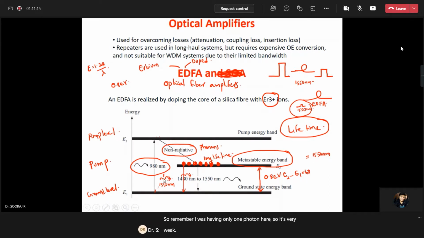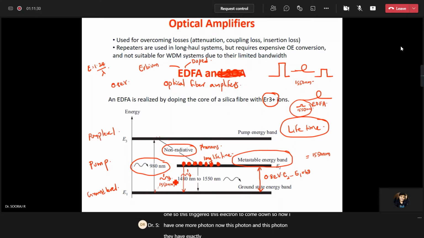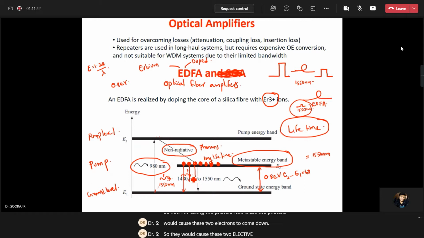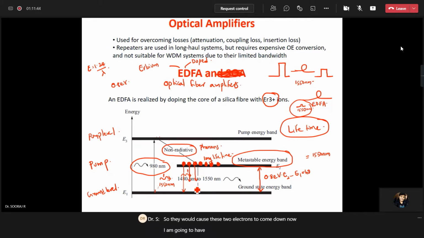Remember, I was having only one photon here, so it's very weak. The power is directly proportional to the number of photons. Initially the power was small, so it was 1. This triggered this electron to come down, so now I have one more photon. Now this photon and this photon have exactly the same wavelength, and therefore it becomes 2 photons. These 2 photons would cause these 2 electrons to come down, so now I am going to have 4 photons.